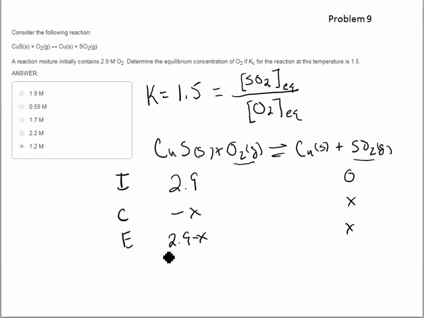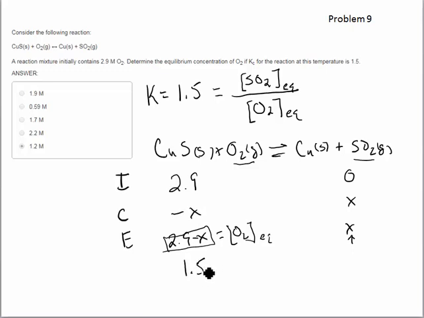Now, remember, this is asking us for the equilibrium concentration of O2. So we're going to solve now for X, and then we've got to subtract that X from 2.9 to get our O2 equilibrium concentration. So don't forget to do that.